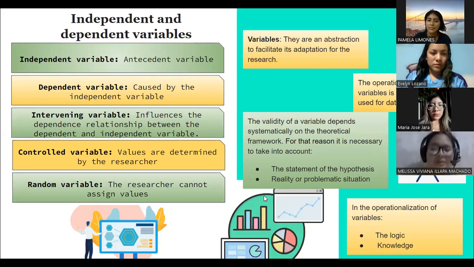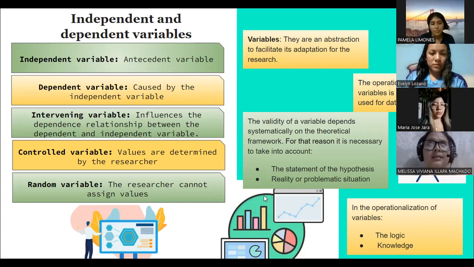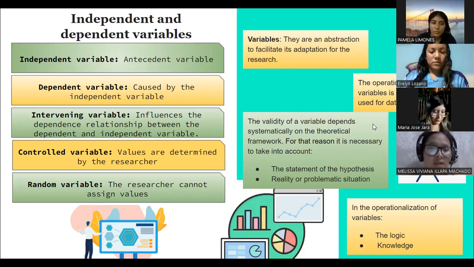Good night, combiners. Let's talk about the independent and dependent variables. The independent variable in this context will be the characteristics, conditions, or factors that researchers manipulate or analyze to understand their impact on language or communication.